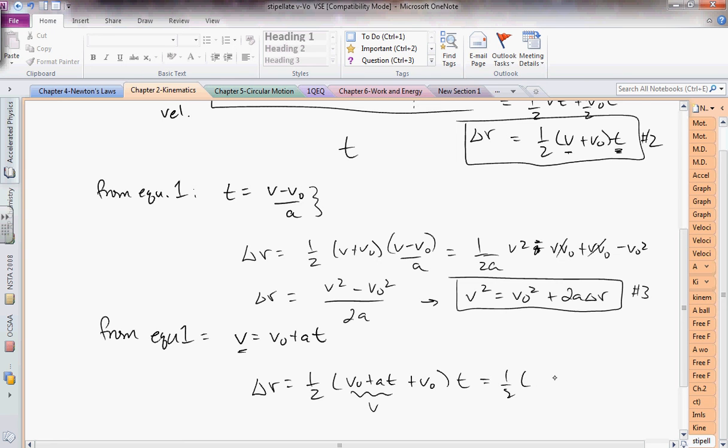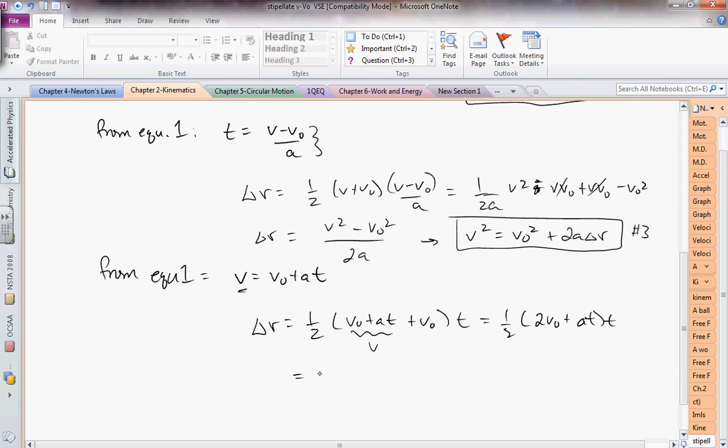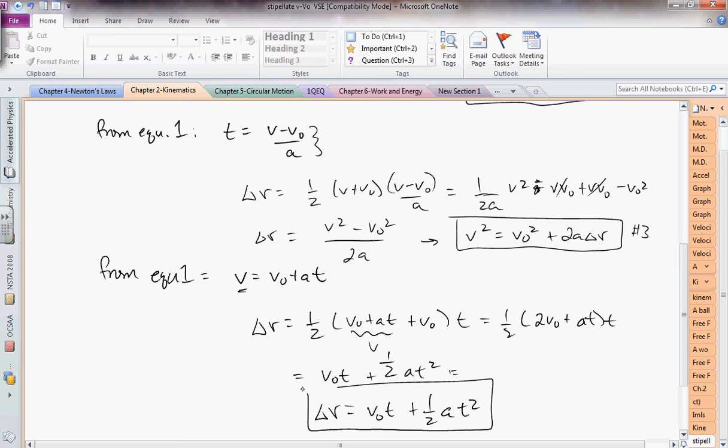So this will be 1/2 (2v naught plus at) times t. We can distribute the time through, we can distribute the 1/2 through, so we would get v naught t plus 1/2 at squared. Let me just rewrite the whole thing, to make sure everyone's sure. So v naught t plus 1/2 acceleration times time squared, and this is our fourth kinematic equation.